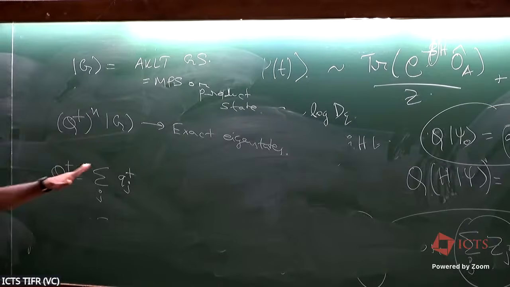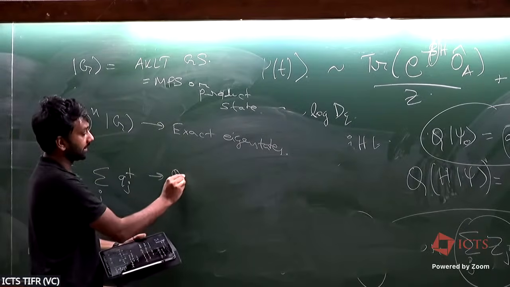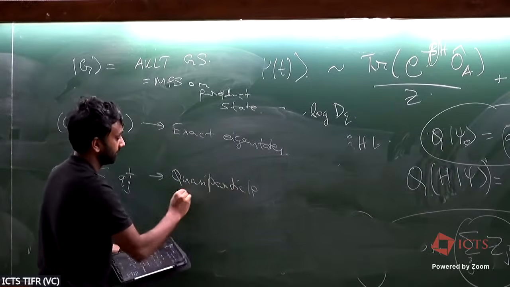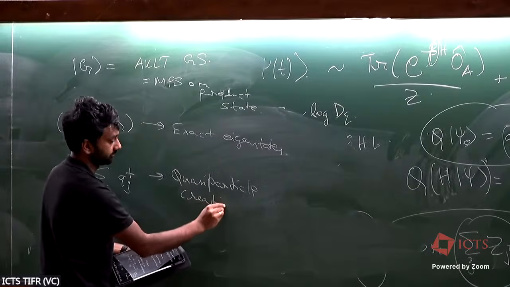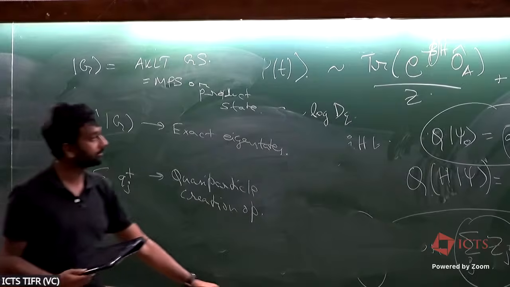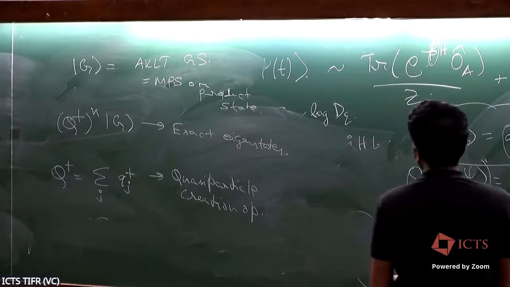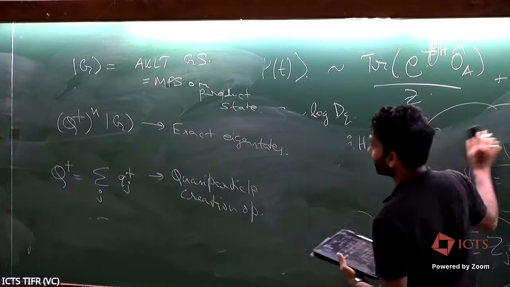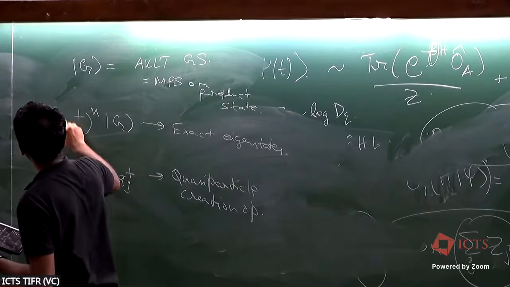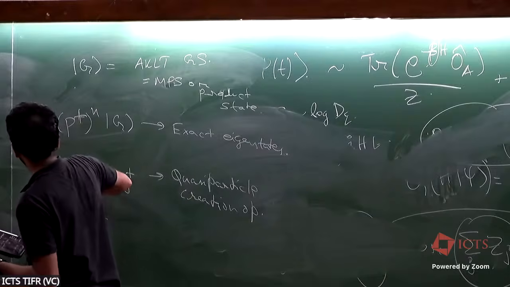So Q dagger is really some kind of quasi-particle creation operator. I'll give you a concrete example in a bit. Okay, so this should not be confused with the symmetry operator, so maybe I'll just change notation. So there is some P dagger.